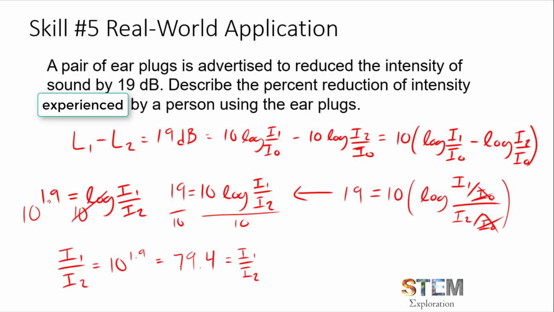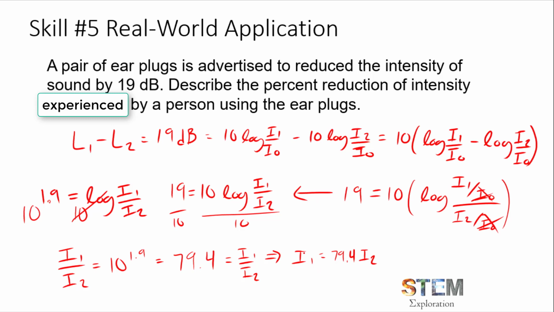And if we wanted to compare that, what we're going to see is that I1 is equal to 79.4 I2. And now we can see that I1, for example, is 79.4 times more intense than I2.